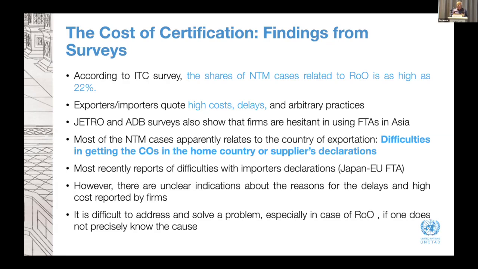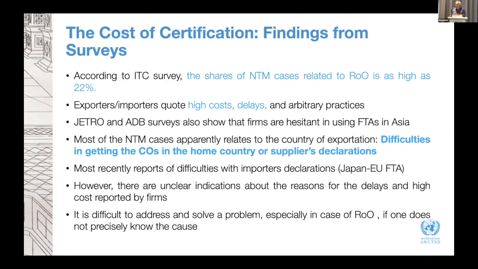So all these firms are declaring that they have difficulties proving rules of origin, but what are more specifically these difficulties? What are the costs of complying with and proving rules of origin? We need to be more specific, because if we have to address a problem, obviously we need to exactly define what the problem is.